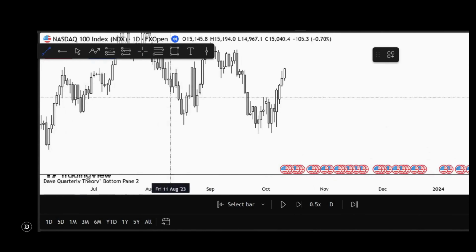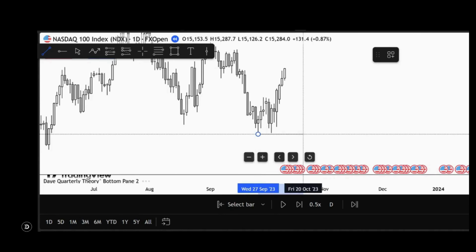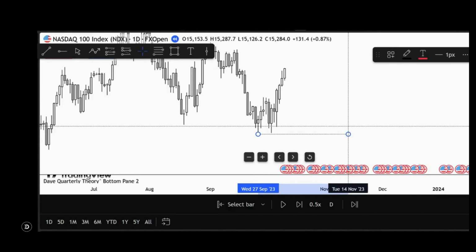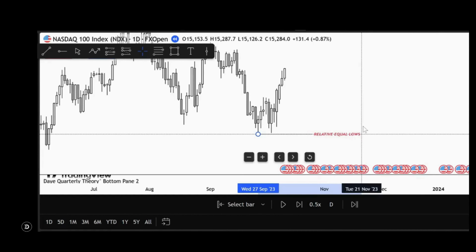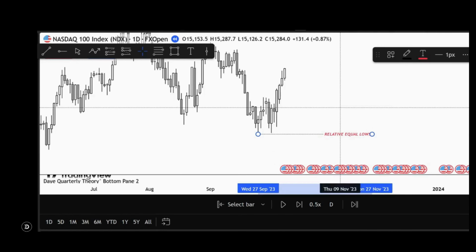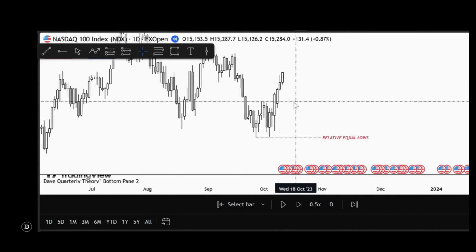This is the daily time frame. There are buy side liquidities resting above old highs, as you could see at the top of the market. At the top, you could see all these relatively equal highs, which hold buy side liquidities. But the market will not just keep pushing higher to take out all those highs.